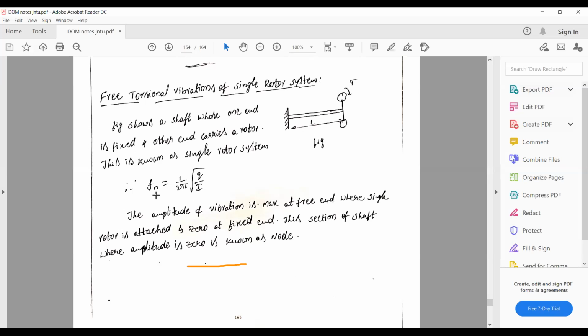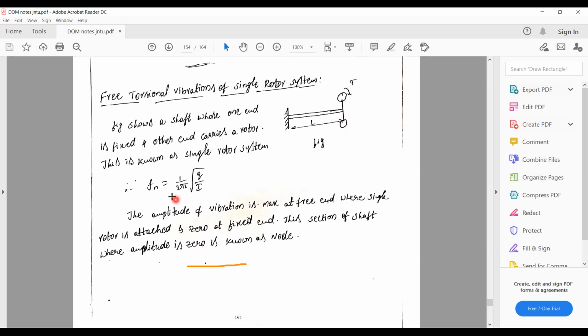Therefore, the natural frequency for free torsional vibration for a single rotor system, Fn, equals 1 by 2 pi into square root of q by I. Whether we arrange a mass of the disc or a rotor, the natural frequency value will be the same.